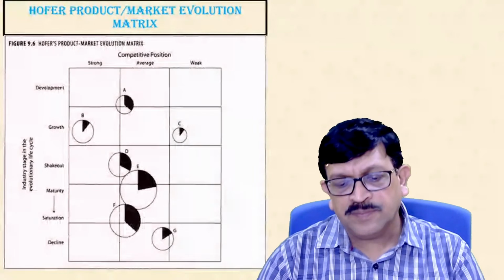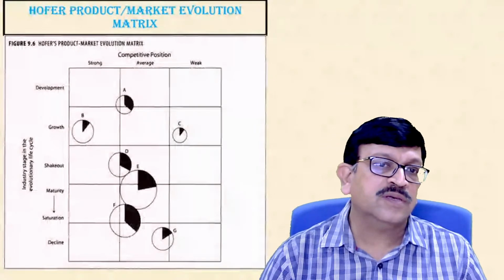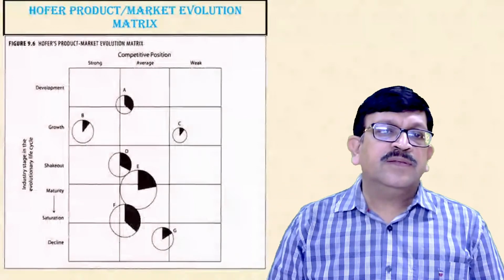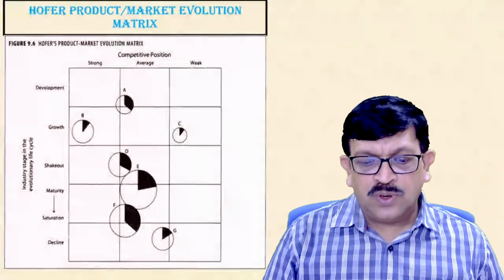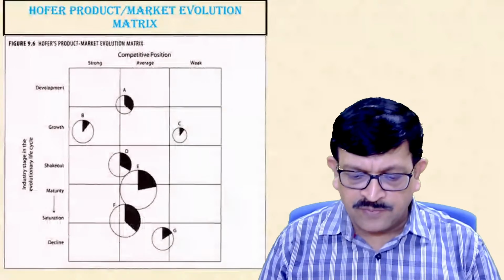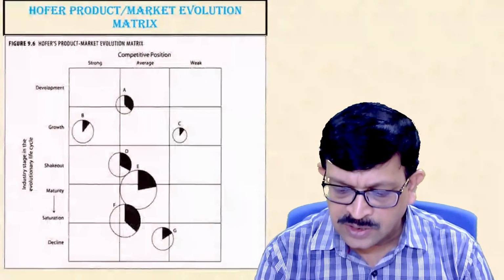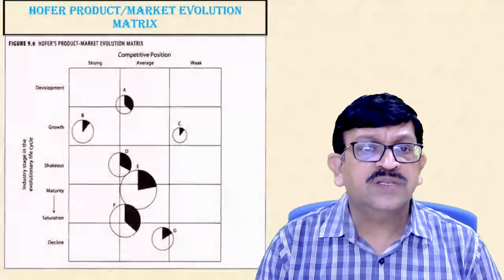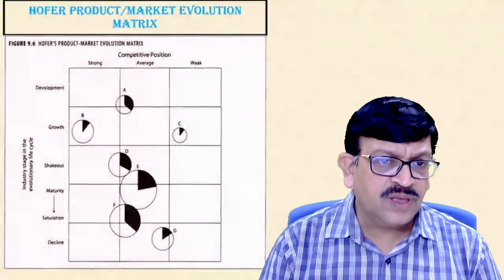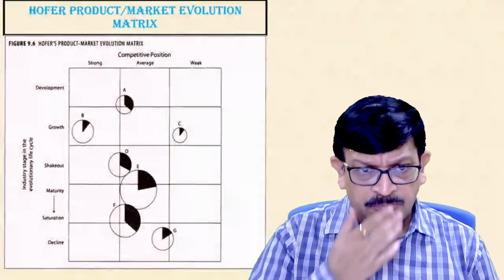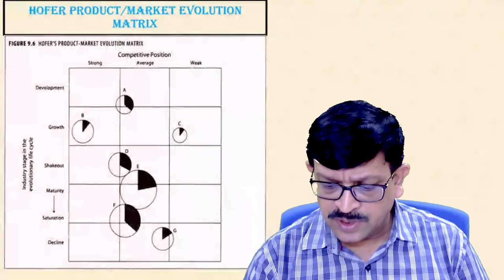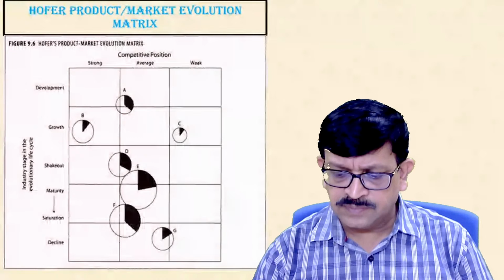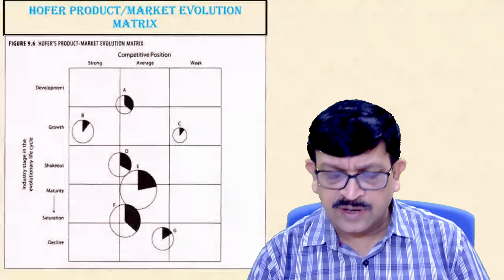As you can see here, A, B, C are represented as the various SBUs. The largest circle talks about the competitive position, and there are pie wedges.